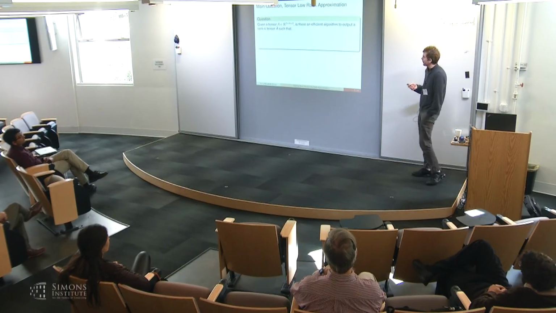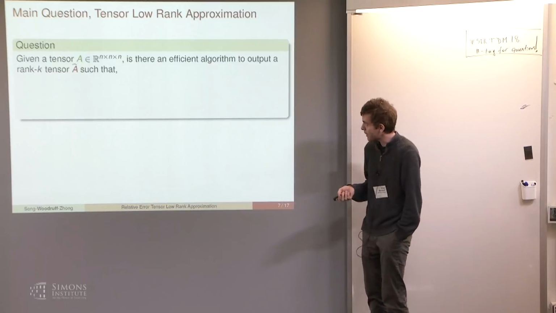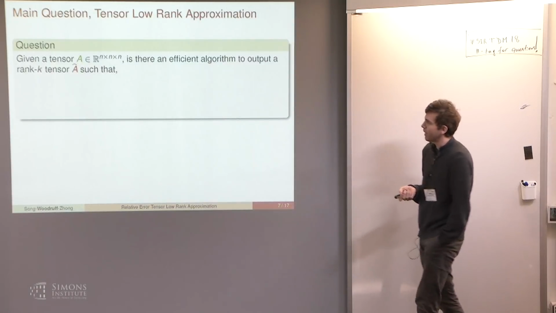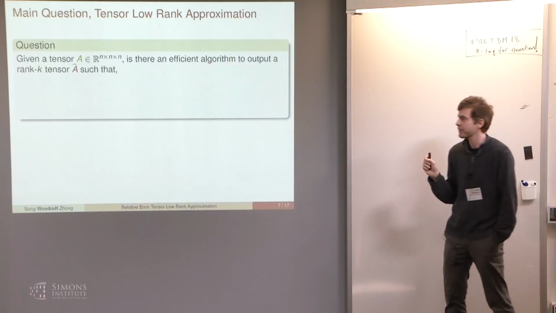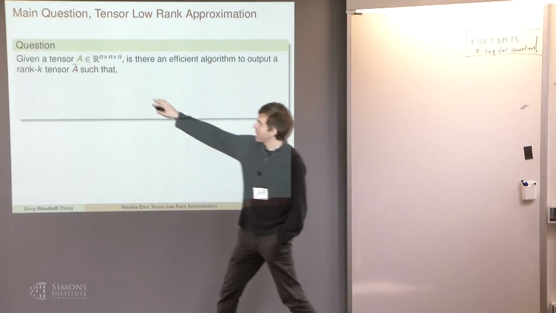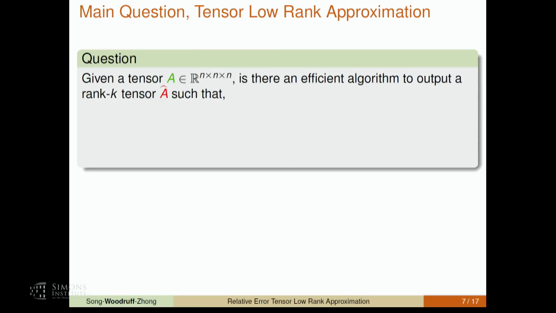Okay, so the main question we're looking at is, and I'm going to focus on third-order tensors, and just for simplicity, assume they're n by n by n. So given a tensor A, is there an efficient algorithm to output this rank k approximate tensor A hat which gives me a good approximation in Frobenius norm?